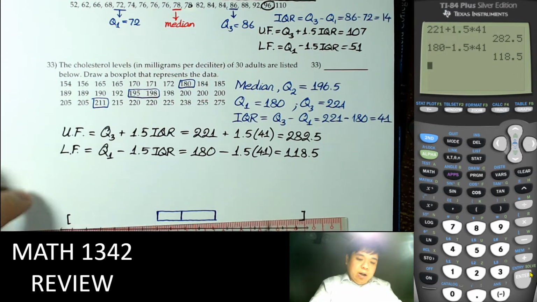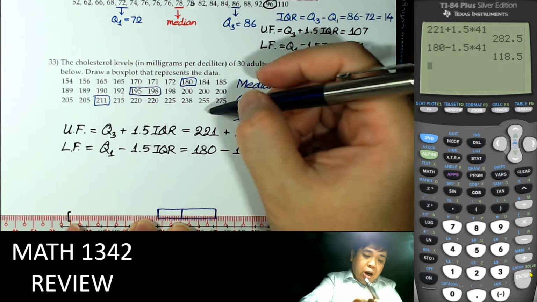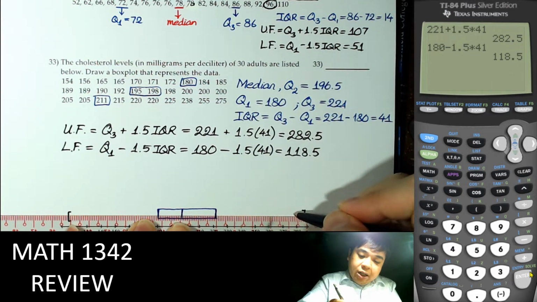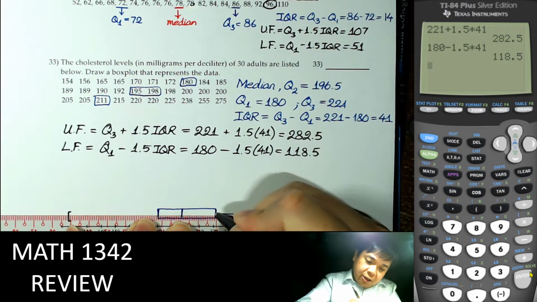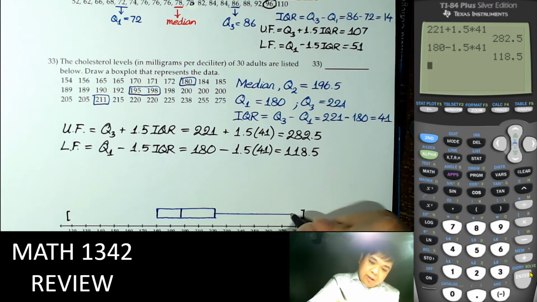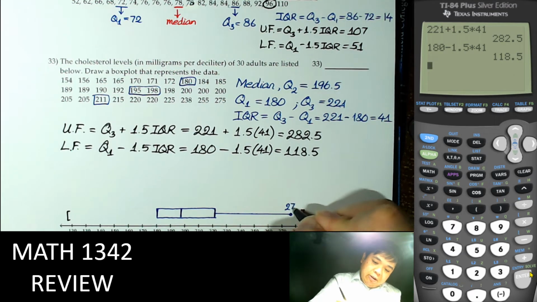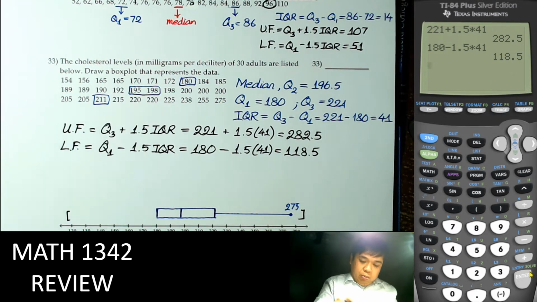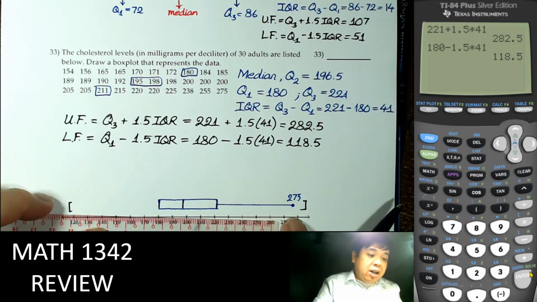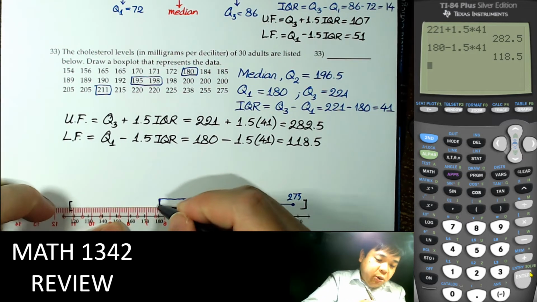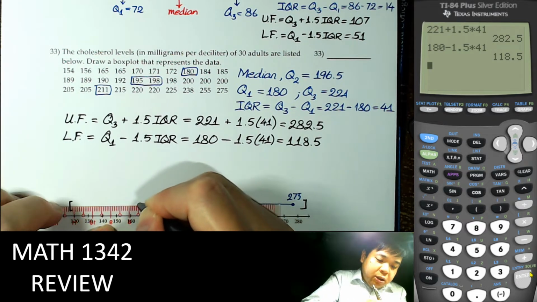Now for the data, we draw up to the highest one that's within the fence, which is 275, and the lowest within the fence, which is 154.